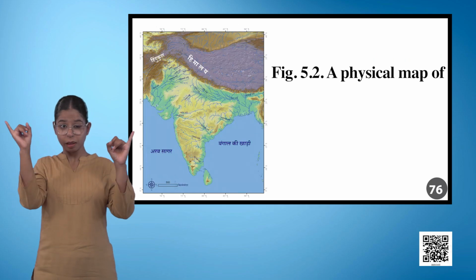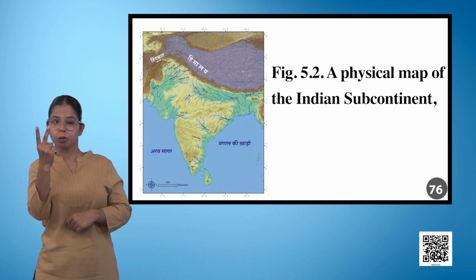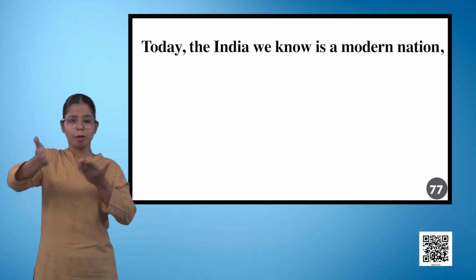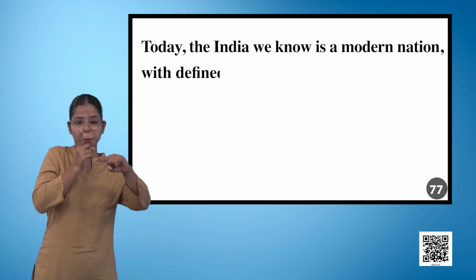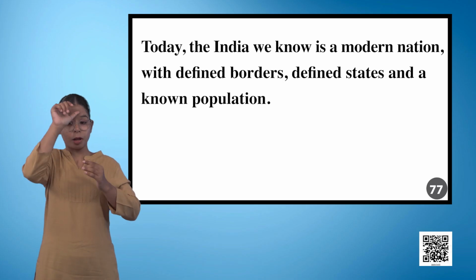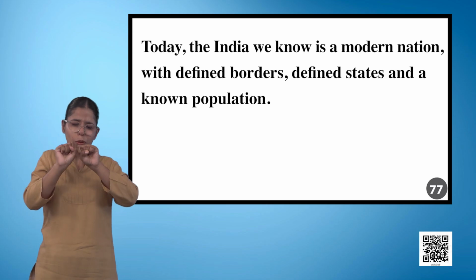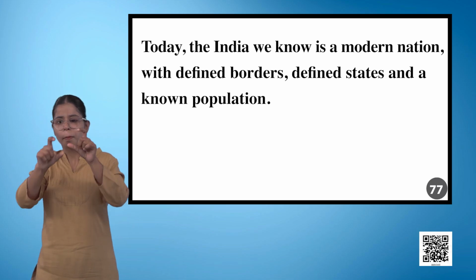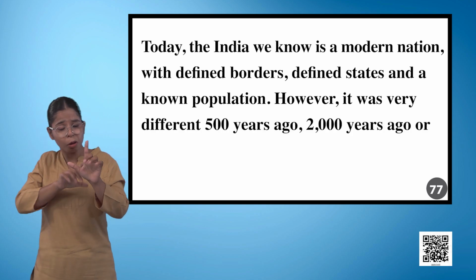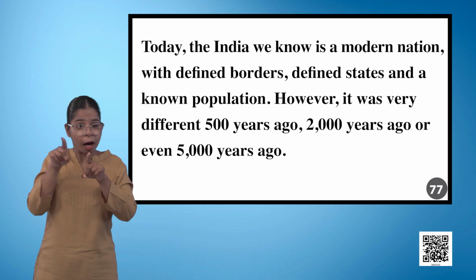On the entire page we have figure 5.2, a physical map of the Indian subcontinent with some of its rivers. Today, the India we know is a modern nation with defined borders, defined states and a known population. However, it was very different 500 years ago, 2,000 years ago, or even 5,000 years ago.